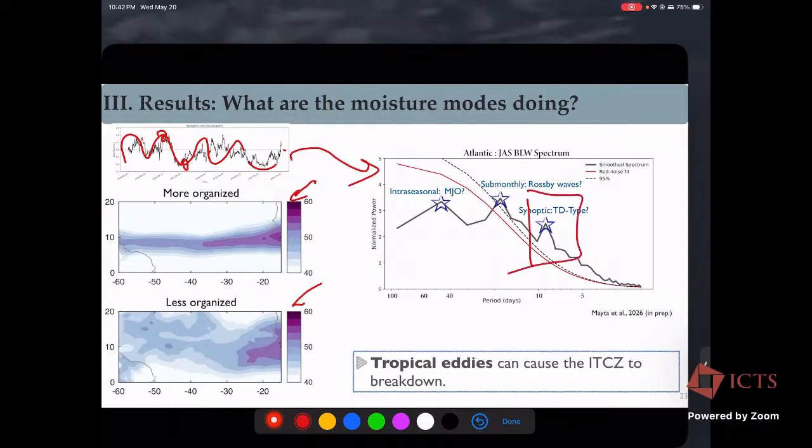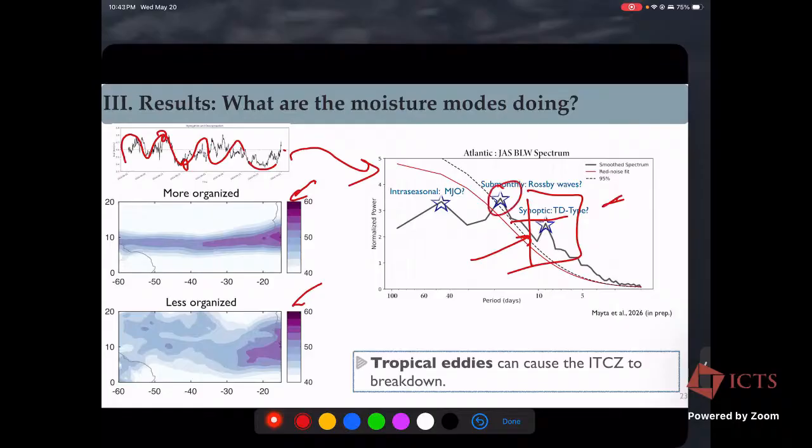The first one is a peak identified from 5 to 10 days, which corresponds to the synoptic scale, in this case the TD-like disturbances. But the organization does not just happen at this scale.